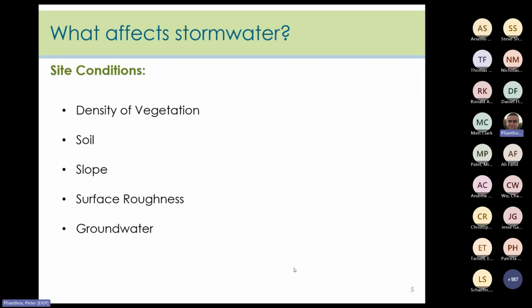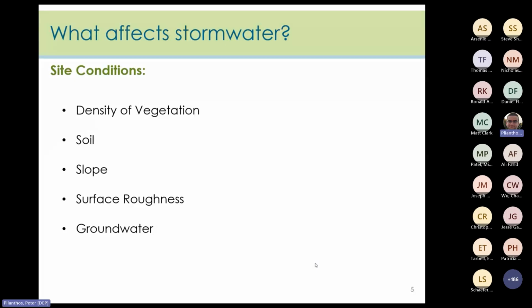Listed here are some basic site conditions that act as a type of control on stormwater. In many cases, the first point of contact for stormwater is vegetation. Dense vegetation scatters precipitation, making it less likely to coalesce and flow. Rough surfaces also inhibit flow.